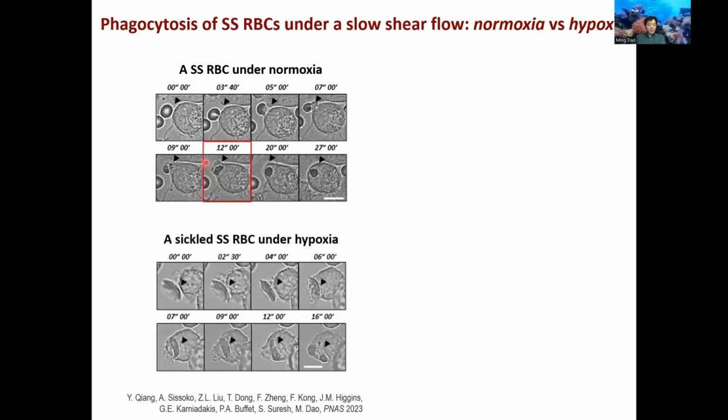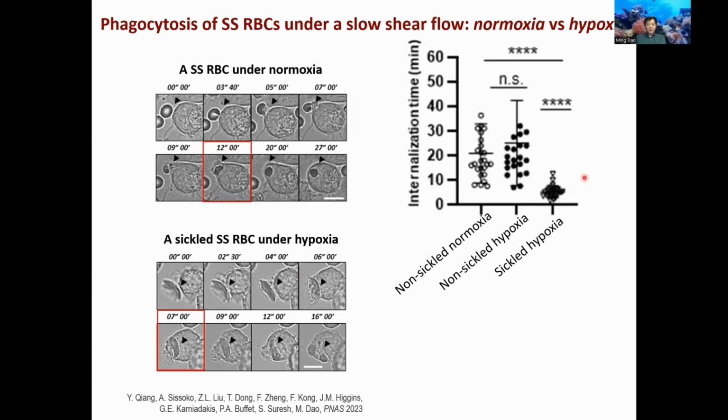This is at about 12 minutes, and this one shows it being taken inside. For a sickled red cell under hypoxia, it's interesting that after being taken inside, it's actually still sickled. But the interesting observation is that the complete internalization takes only about 7 minutes. So the internalization goes pretty fast under hypoxia.